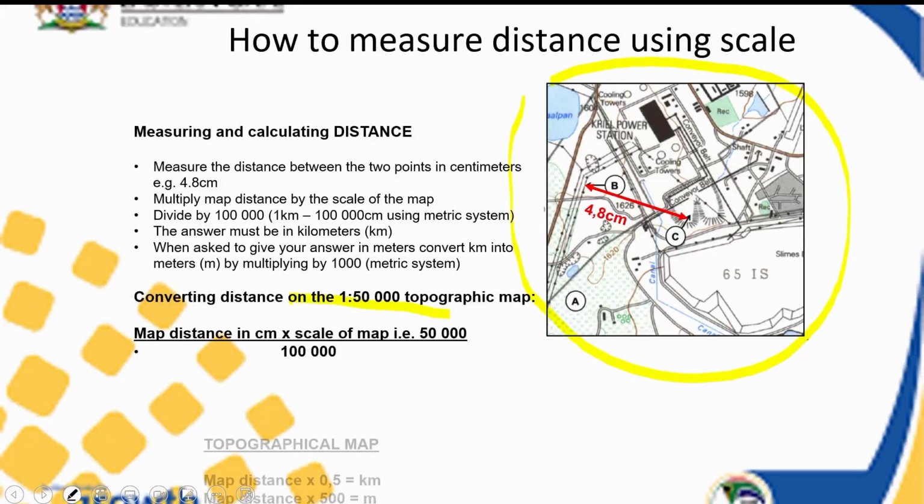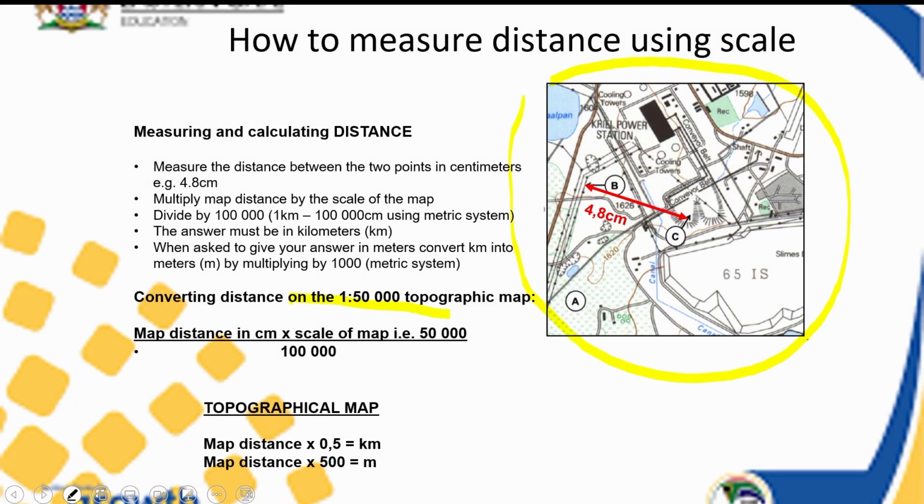Now, let's say you are measuring a distance between 2 points. In front of you, you are having a map. Then you are asked to calculate the distance between B, as you can see on the map, and C.